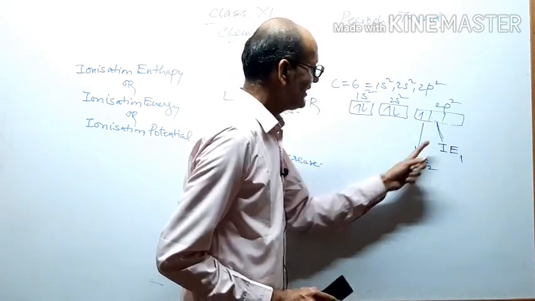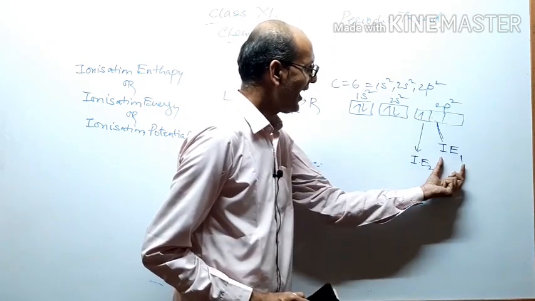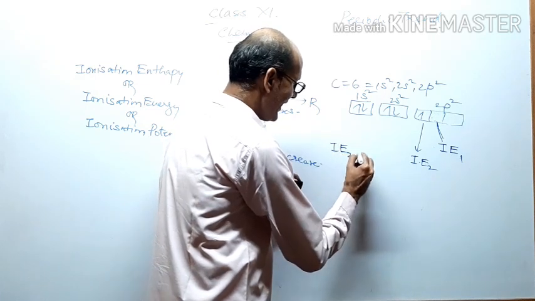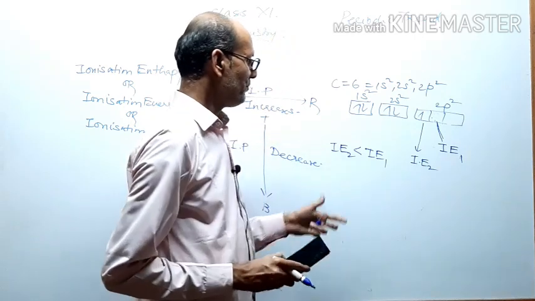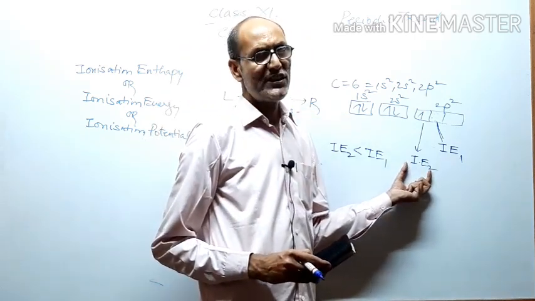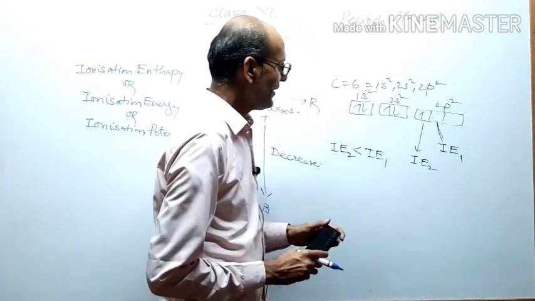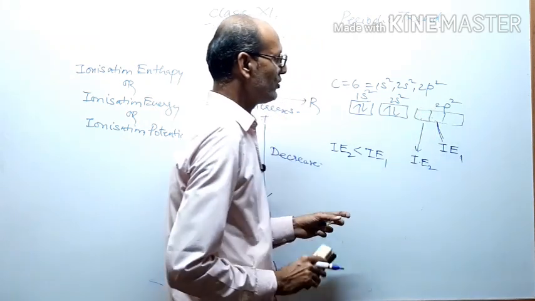That means in this case IE2 is smaller than IE1. Comparatively, in the second electron removal you need less energy to provide to the atom. But when you remove the second electron, you will get this position.